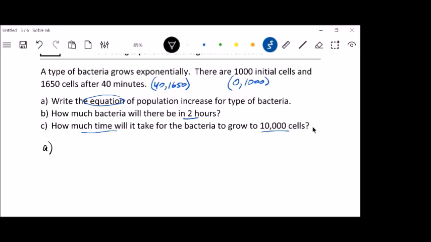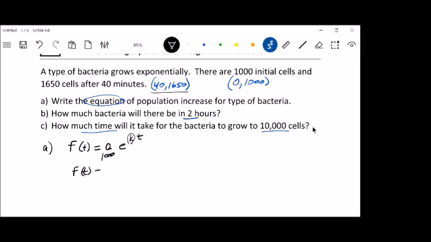So for A, the function of time, the result rather, if we use the time, is equal to A e^(kt). So we know that the A is 1,000. Okay, so then we also know this. So we can get the k by plugging in all of that.